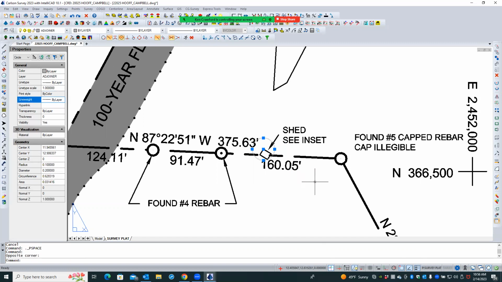It is in paper space. So I think I would make that a wee bit bigger.